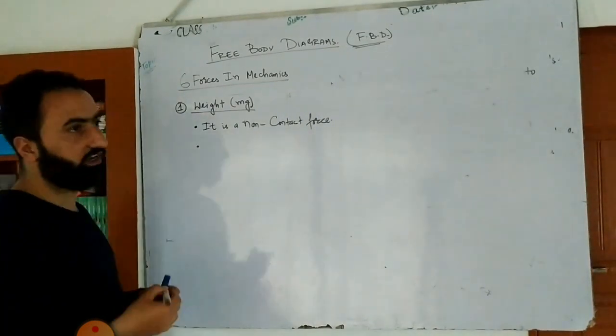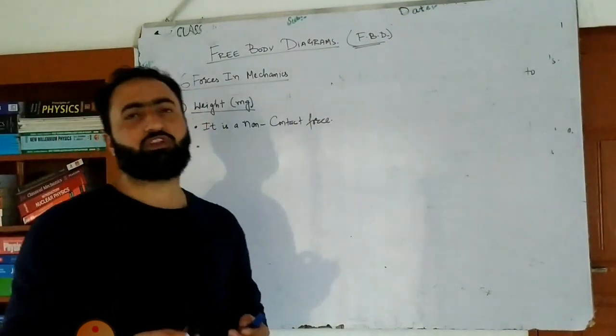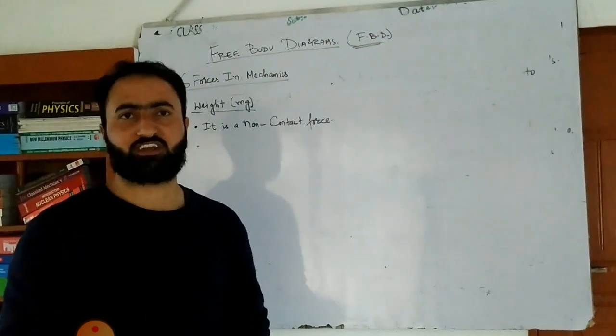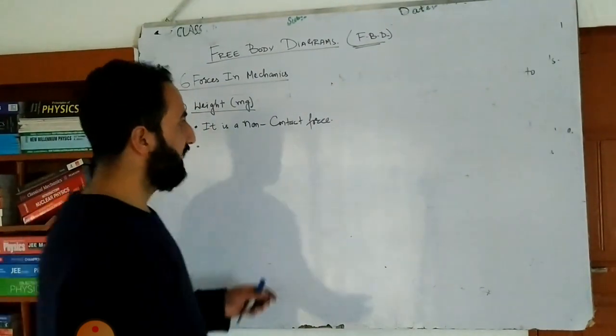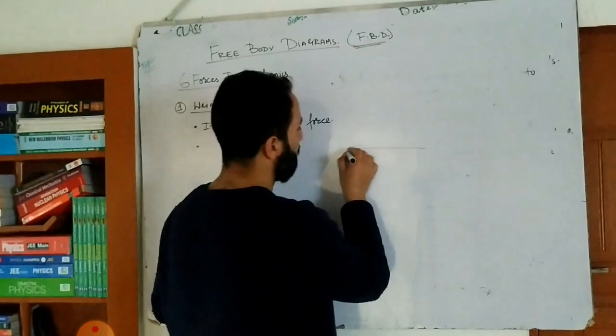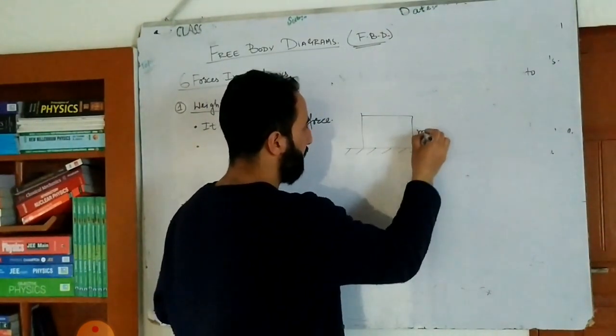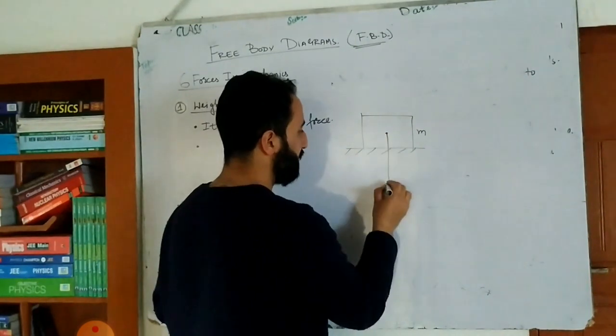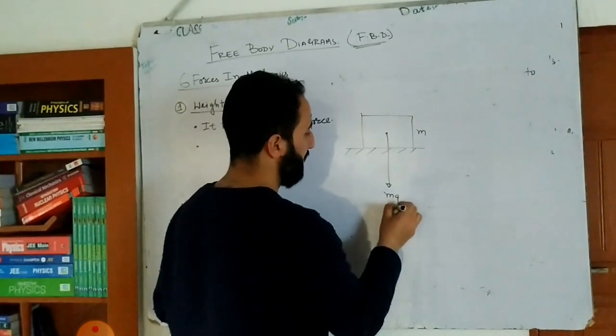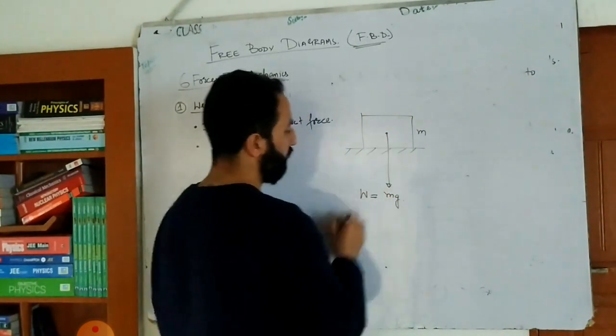What is the definition of the weight? The definition of weight is simply the force with which an object is attracted towards the center of Earth. As simple as that. Like this, for example, here we have this horizontal surface and this is a block. Its mass is equal to m. It is attracted in the downward direction by Earth by a force m multiplied by g, that's equal to w. So this is weight.